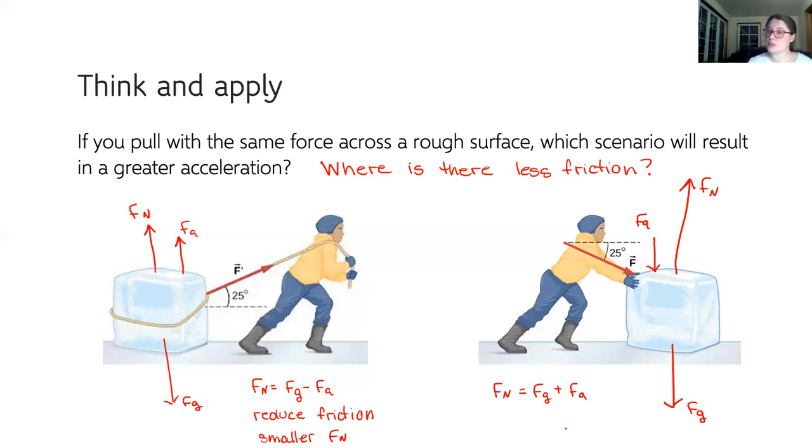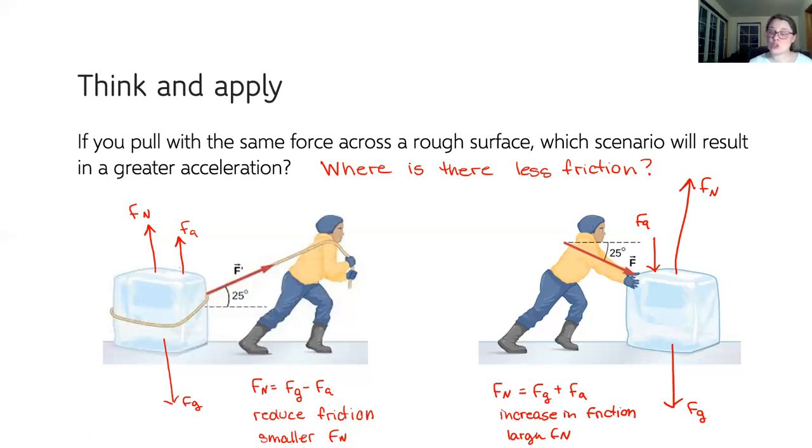So the surface is pushing up a lot more, which means an increase in friction. An increase in friction because we have larger normal force. We have a larger force, larger normal force, a larger push from the surface up on the object.